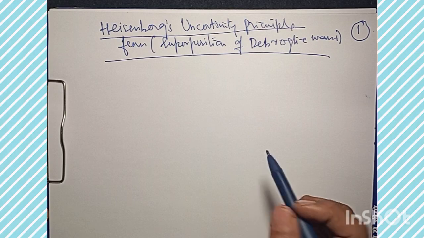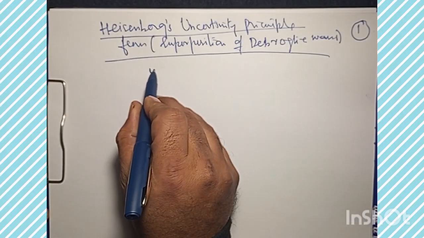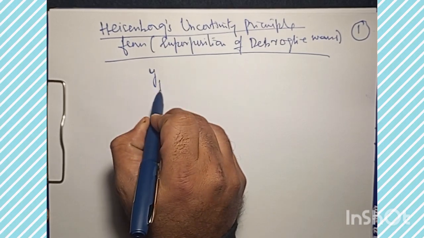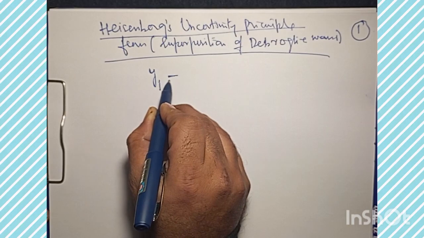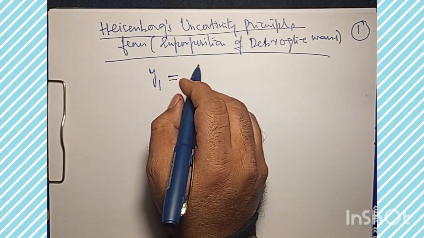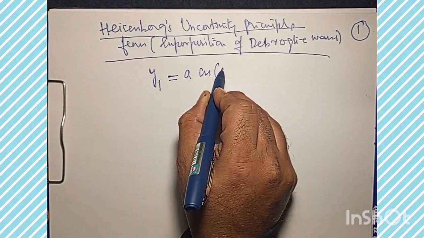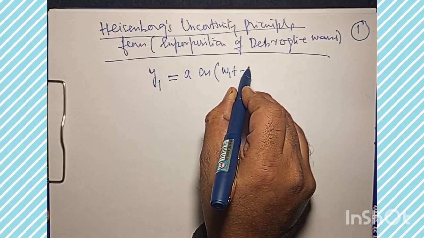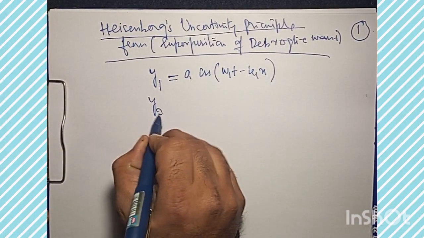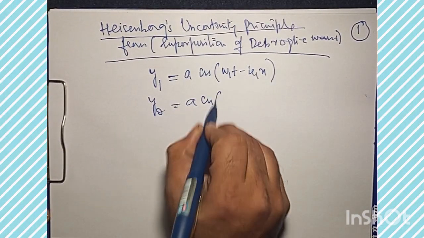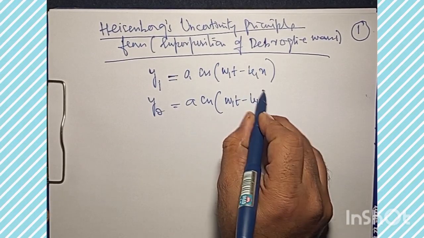Now, as a simple case, as we did in the previous video as well, if I take waves of displacement y1 equal to a cos(omega 1 t minus k1 x), and y2 equal to a cos(omega 2 t minus k2 x).